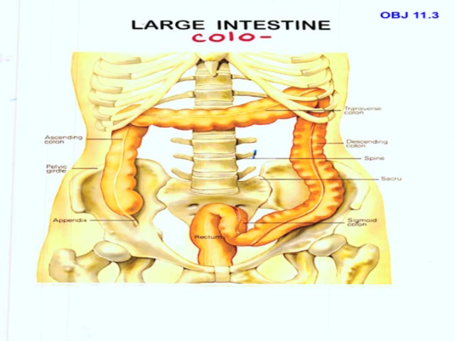Here we see another cartoon of the large intestine. Note the different parts, starting with the ascending colon, the transverse colon, the descending colon, the sigmoid colon, connecting to the rectum, and then to the anus.